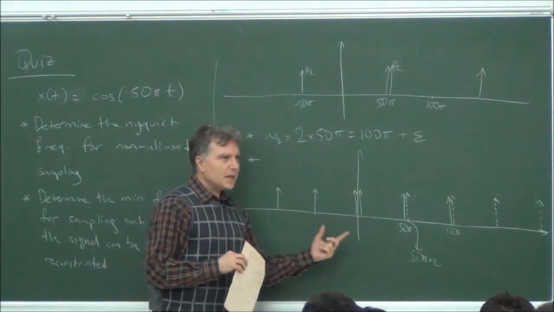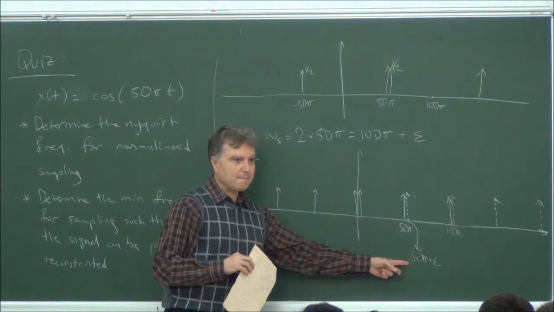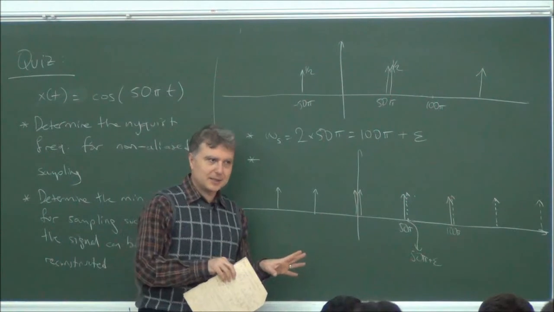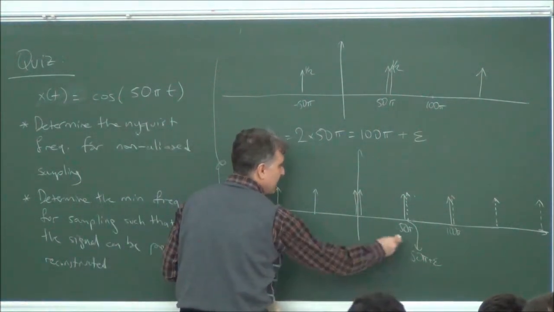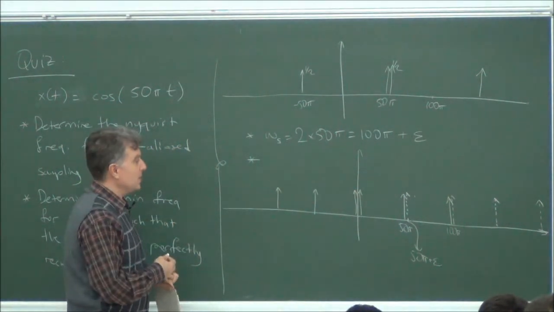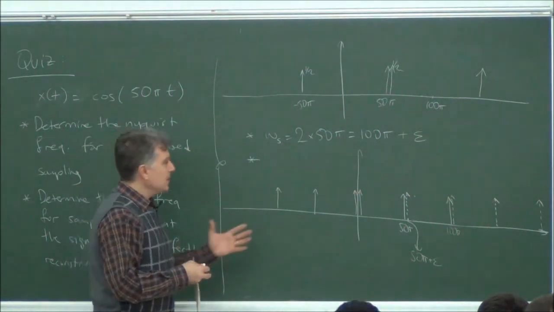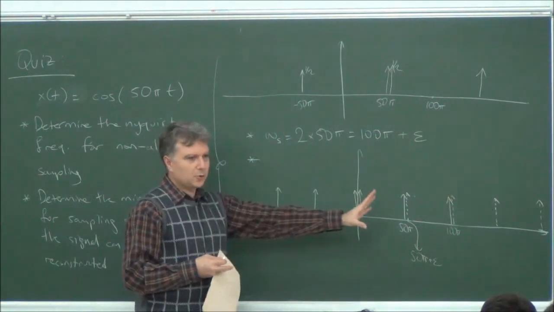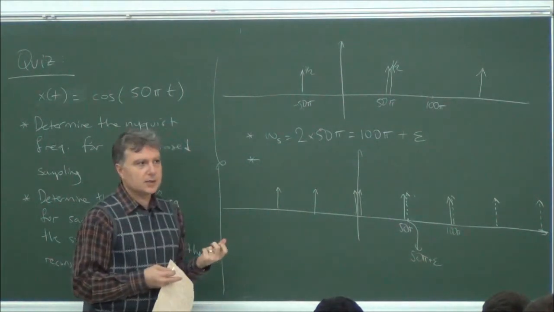It is a very nice exercise to try to think of something even smaller than 50 pi. Will that be possible? And the answer is yes, still. But for example, if you use like 50 pi or something like this, then you may ask this question: how are we going to recover from this sampled spectrum our original signal?